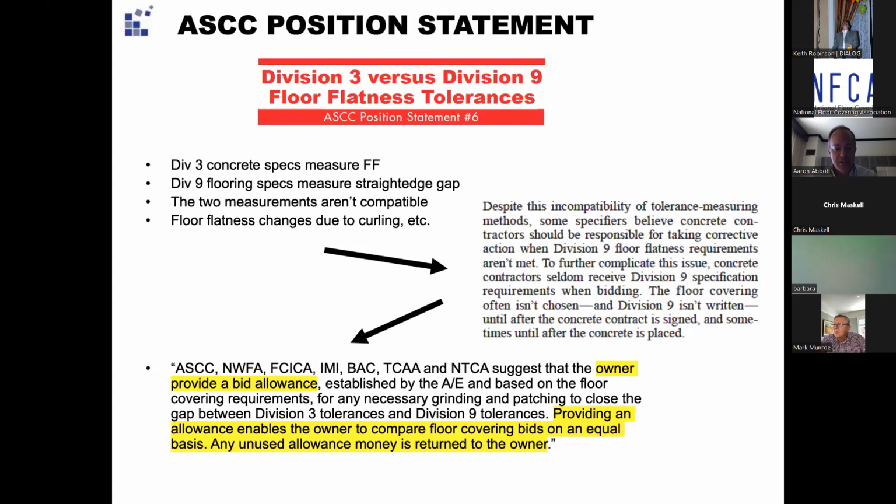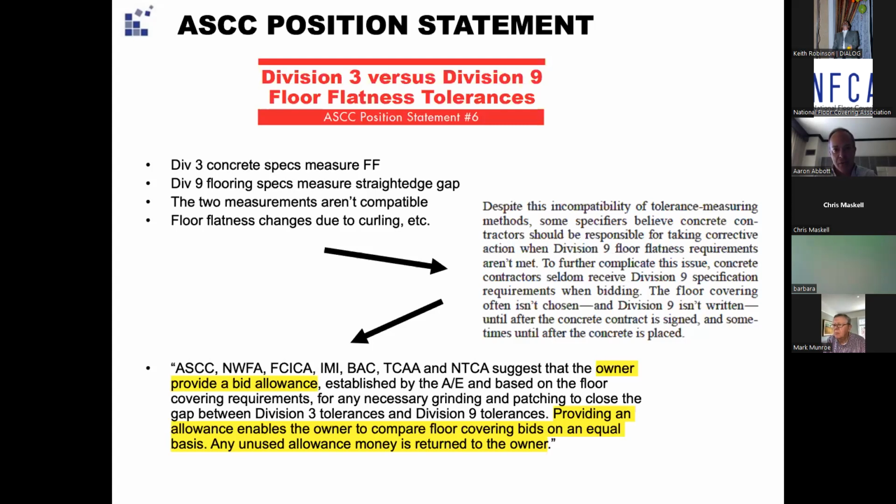Yeah. So ASCC sort of concludes with these highlights at the bottom. They suggest in this position statement number 6 that the owner provide a bid allowance, which you do up front. It enables the owner to compare floor covering bids on an equal basis, because really what happens in these cases is someone is going to be blamed, right?